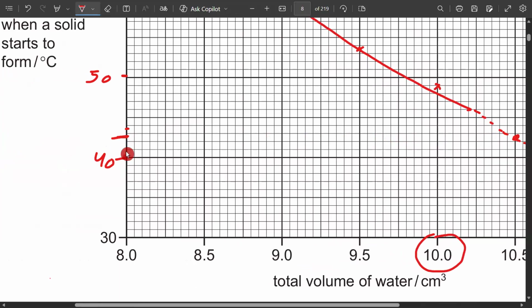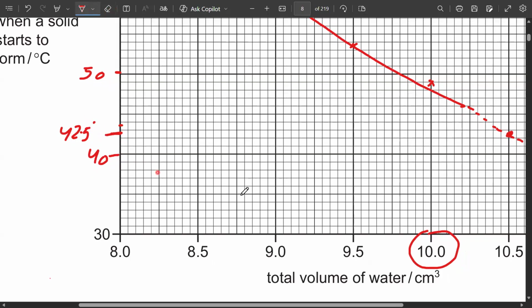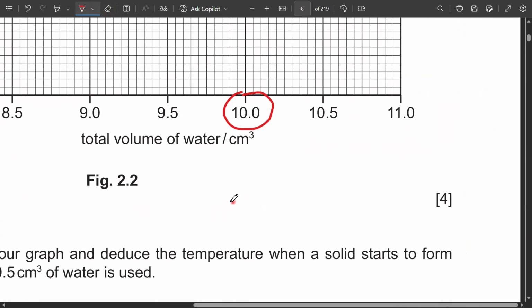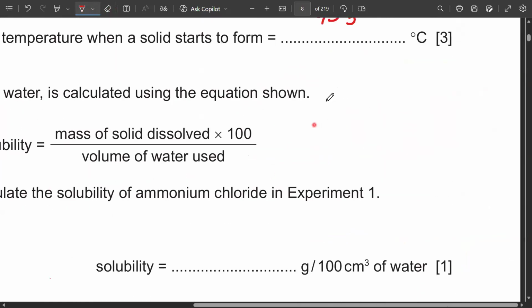If this one is 40, 41, 42 and 43, so this time getting 43, or maybe 41, 42, 43, 42.5. More precisely, you can write 42.5. That value will be your answer over here.